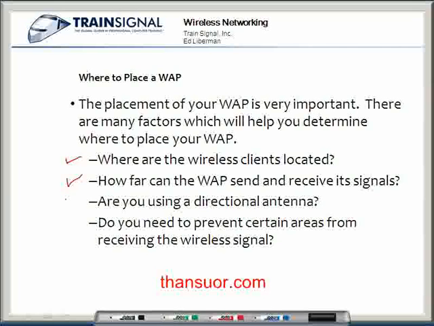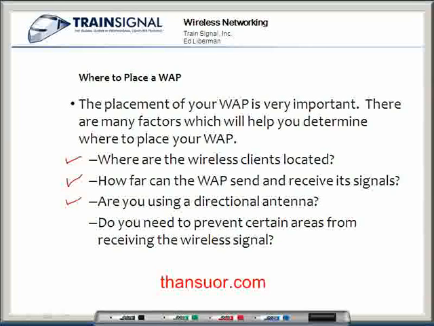And again, continuing on that same theme, are you using what's called a directional antenna? Some of your wireless access points will have directional antennas, so that instead of having a round service area, with the access point in the dead center of a circle, you can send the signal out in one direction, which will help it go further in that direction and shorter distances in the opposite direction.